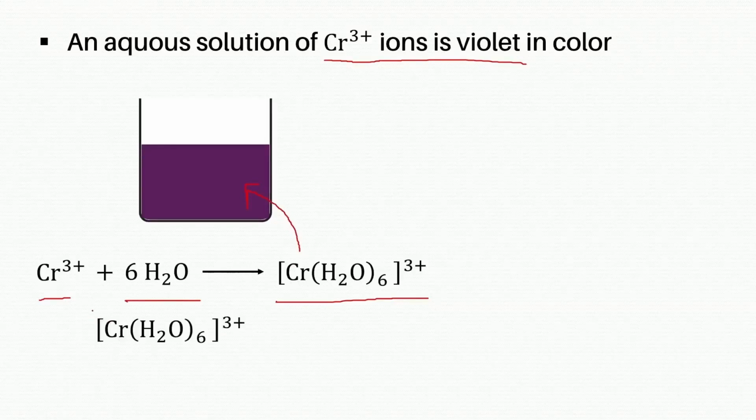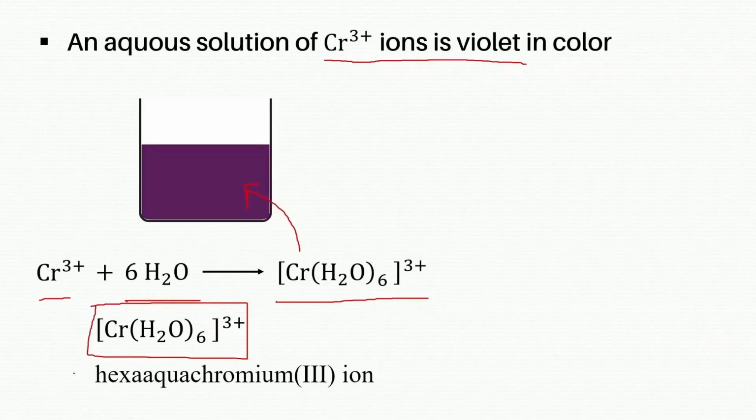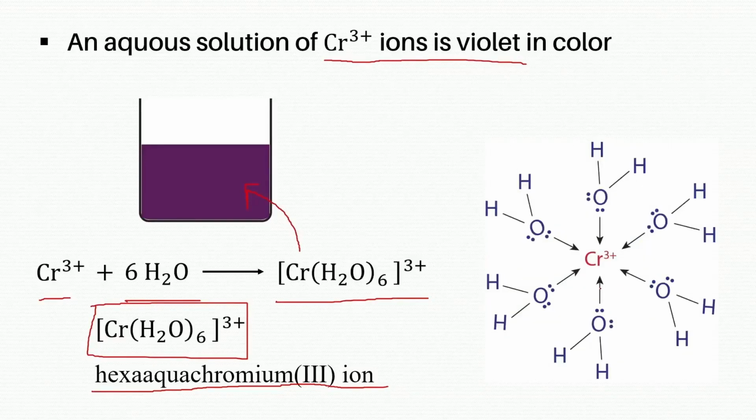[Cr(H2O)6]3+, or hexaaqua chromium(III) ion, is the IUPAC name of this complex ion. The shape of the complex is octahedral and the structure is given like this. It is also the same as the previous ones I described.